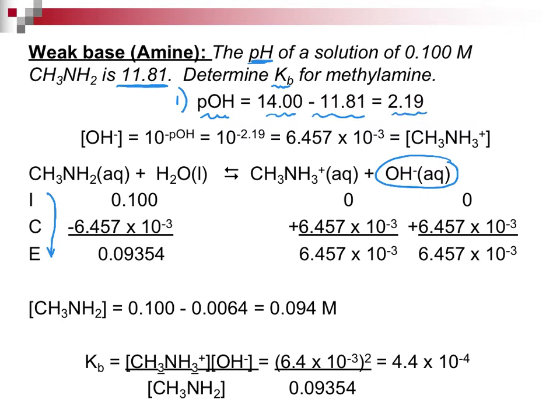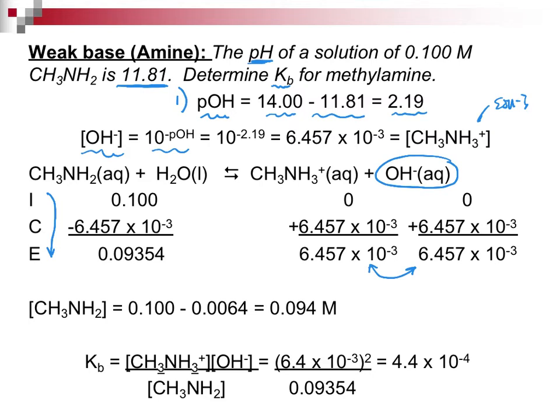If I then raise 10 to that power with a negative sign, I can immediately get my concentration of, well, it's both this as well as OH minus. Again, I have the OH minus in the front, but as you see in an ice table, they are in the exact same position. I did not make a blank because it's just too long.